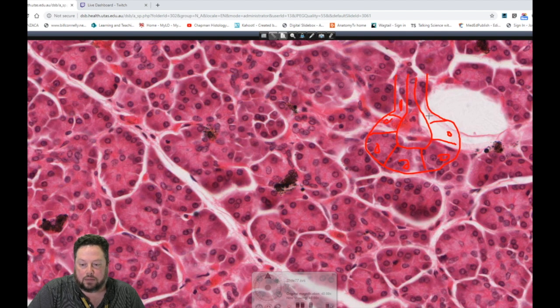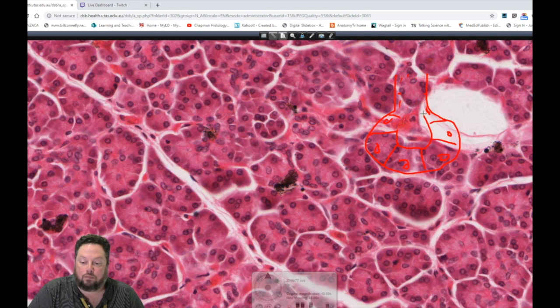And then we have our duct cells here, the intercalated duct cells. That's the typical arrangement that we saw for the structure of the acini in the salivary glands.